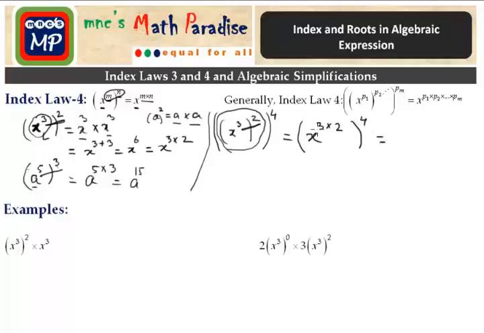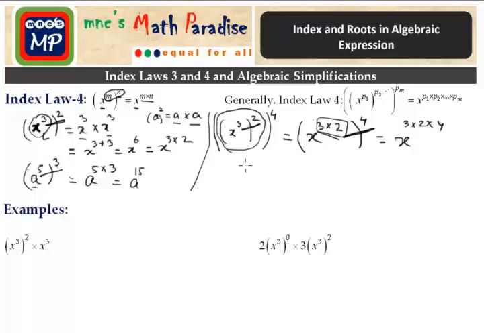Now if we consider 3 times 2 as a single value, that is 6, then we have x to the power 6, to the power 4. Applying this formula again, these powers will be multiplied, so we get x to the power 3 times 2 times 4.